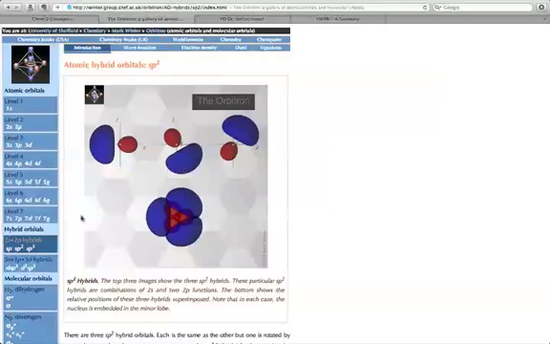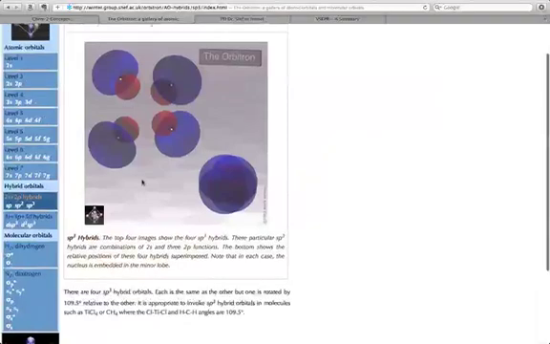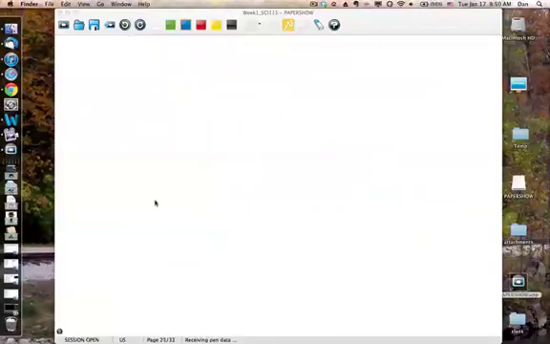And if you make another hybrid that involves an s and 3 p's, that becomes an sp3 orbital. It generates 4 new sp3 orbitals. Now, the angles between these are 109.5 degrees. If you've been paying attention at all, you'll know that these numbers have come up before.